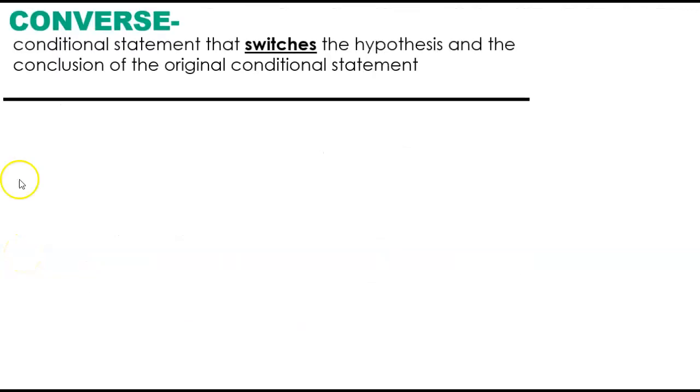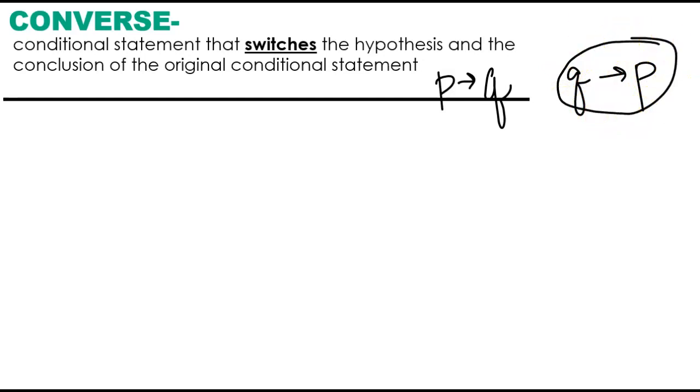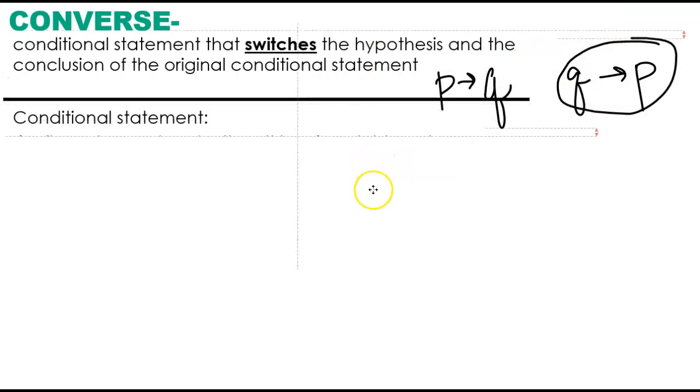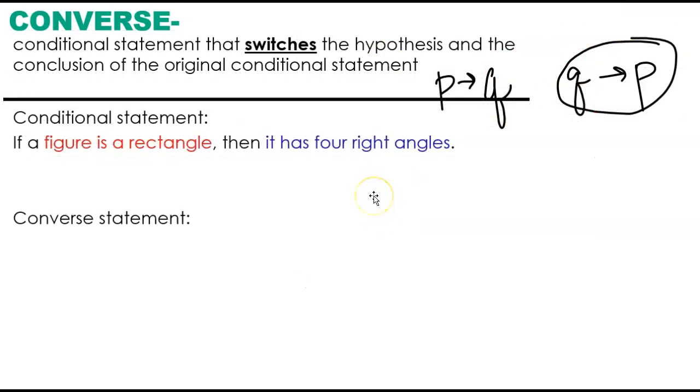Okay. Let's do some more examples here. So remember, converse means to switch. So it went P goes to Q, turns into Q to P. Okay? Q to P. So if our original statement, if a figure is a rectangle, then it has 4 right angles. So let's go ahead and label what our hypothesis is. The hypothesis is the if part, okay?